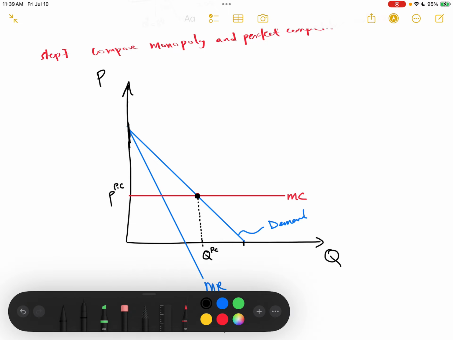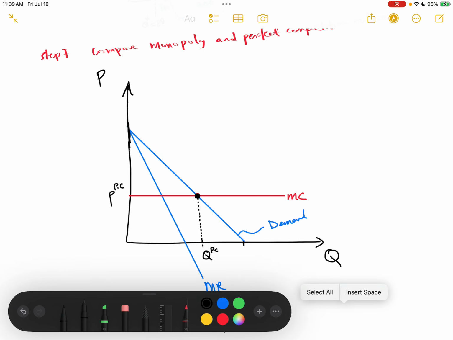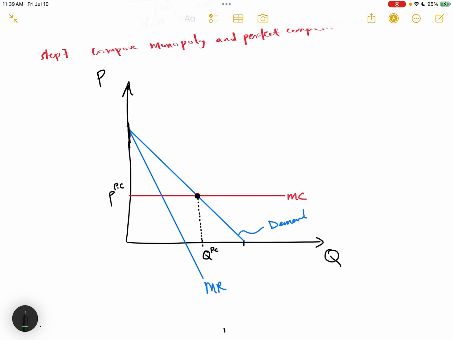Next, for the monopoly we will set marginal revenue equal to marginal cost, and let's use the green, and that will happen where the marginal cost curve intersects the marginal revenue curve at this green dot.